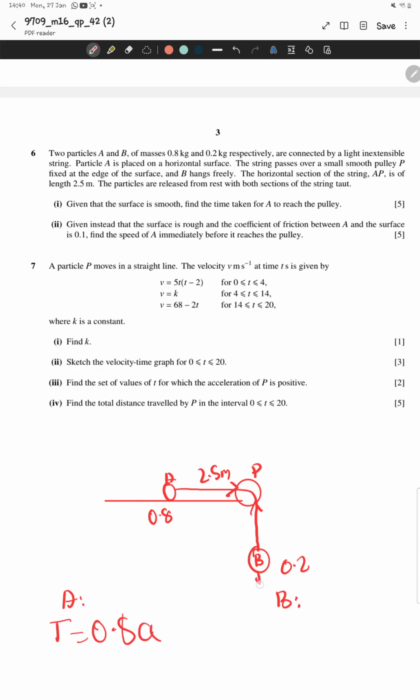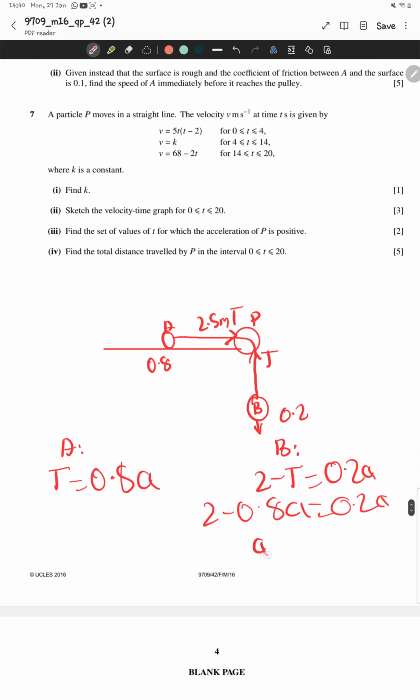B is going to be the weight, which is 2, minus the tension, tension acting upwards, equals ma, so 0.2a. Adding them, since the total mass is 1, a will just be 2. Then you can find tension as 0.8 times 2, which is 1.6 newtons.